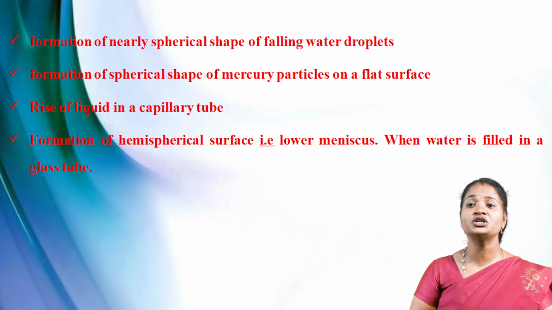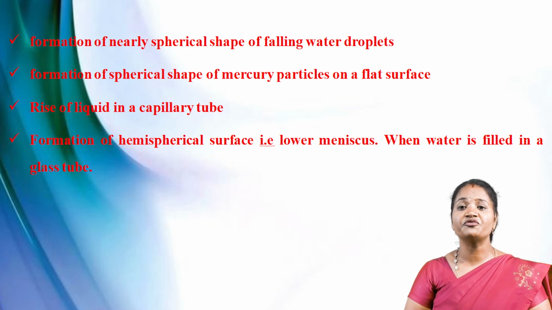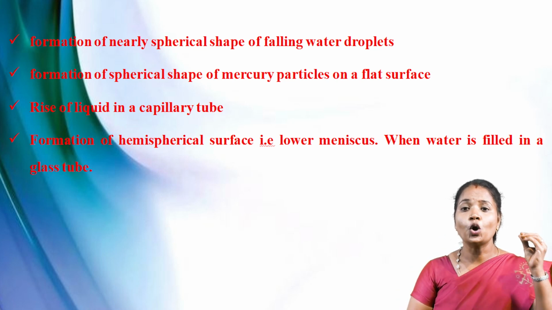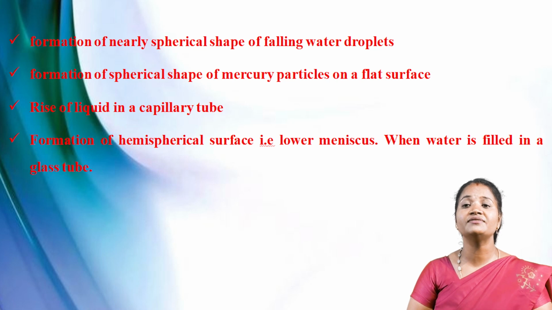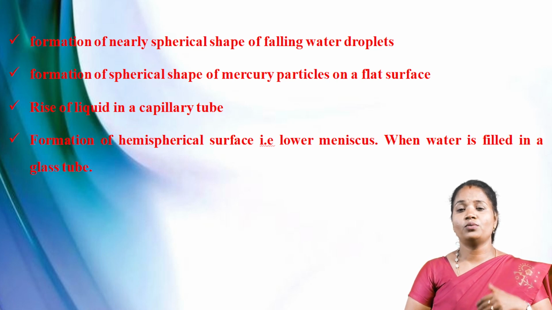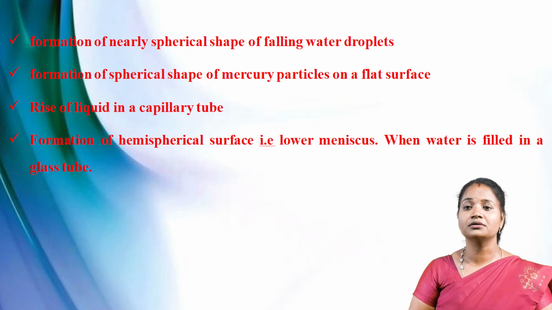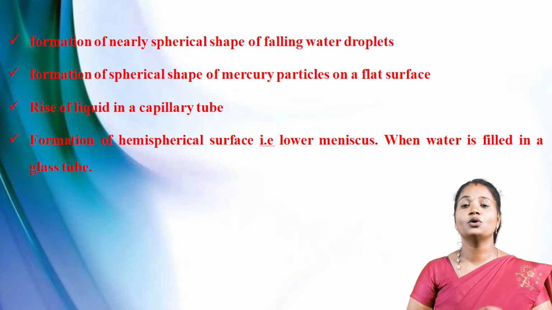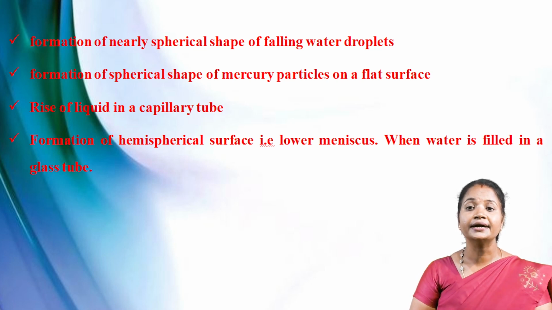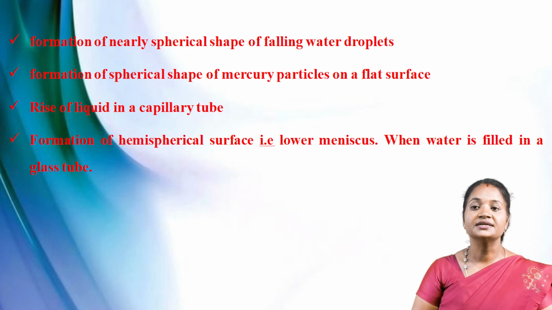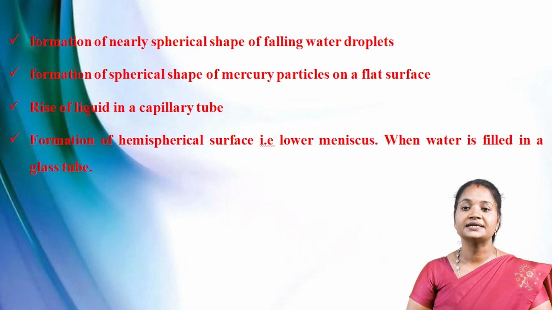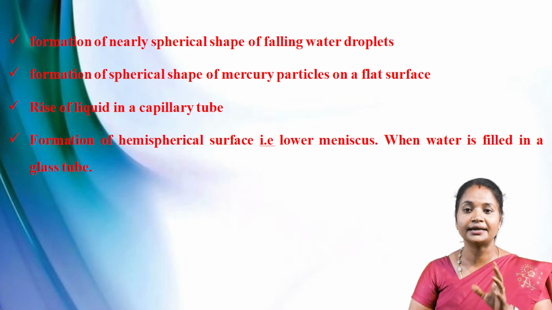This happens whether the water is in a glass tube, a beaker or a conical flask; the water tries to attain a hemispherical surface, that is a lower meniscus.